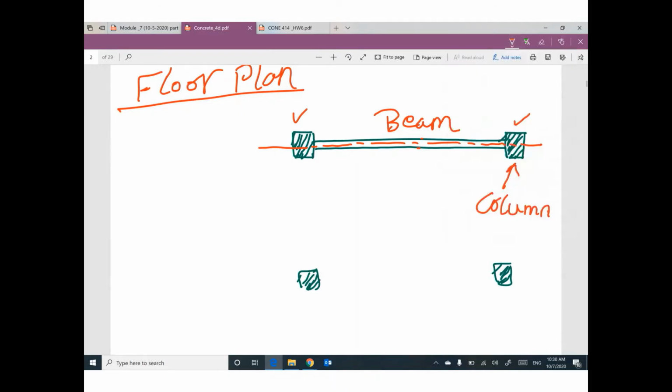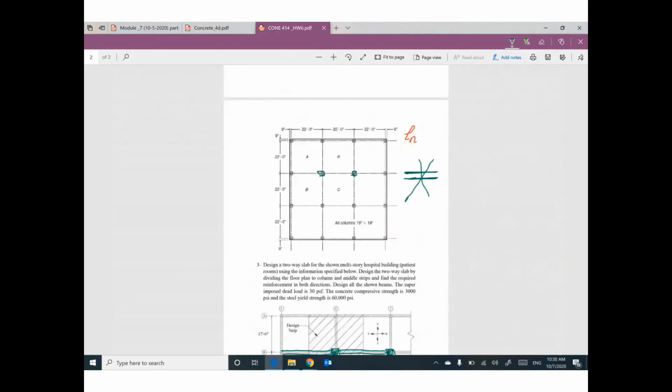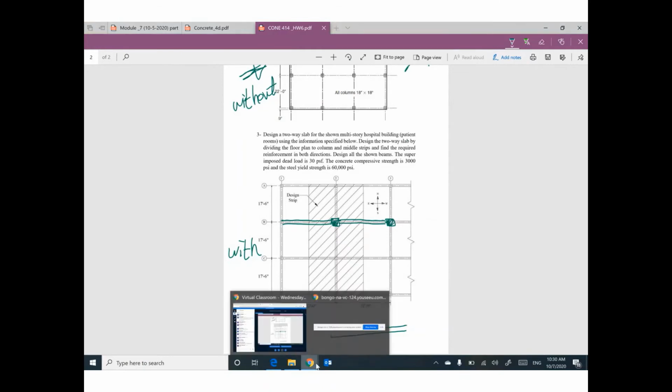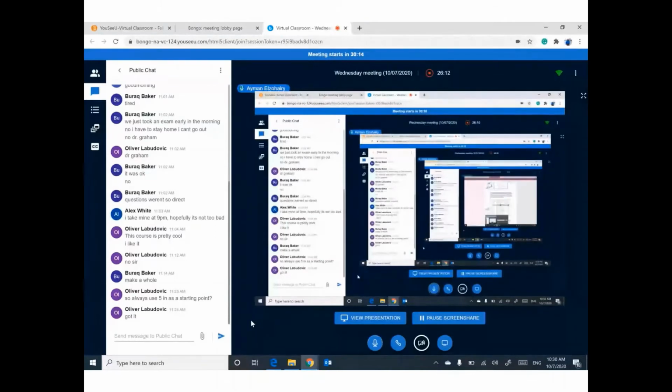That's fine. The center line is just for construction. We don't have anything in between, and that means we have a slab without beams. If you look at your final floor plan, this one is a flat slab, a slab without beams. This one has beams. Any questions on this point? Guys, it's important.